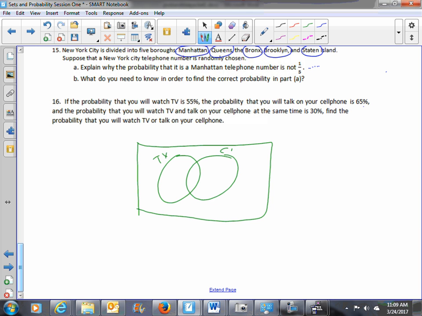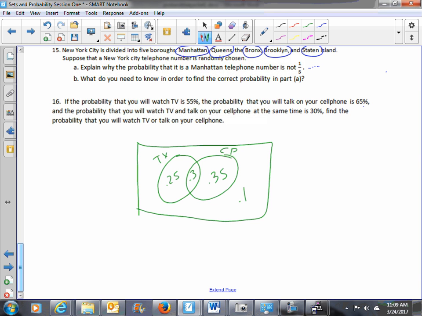Here's cell phone. Now, the probability you do both is 30%. I'm just going to put a 0.3 there. The probability you watch TV is 55%, 0.55. So we've got a 0.25 here. The probability you talk on your cell phone is 0.65. So you've got a 0.35 here. Now, if you add these all up, you get 0.95.